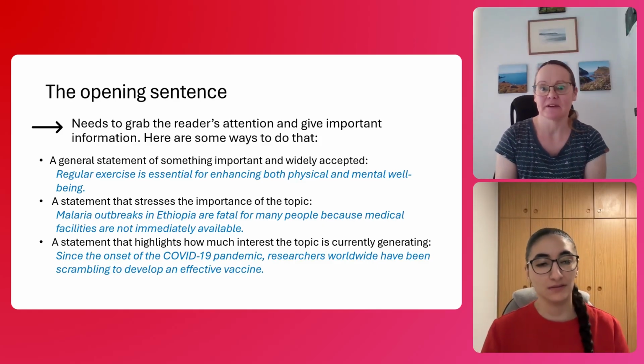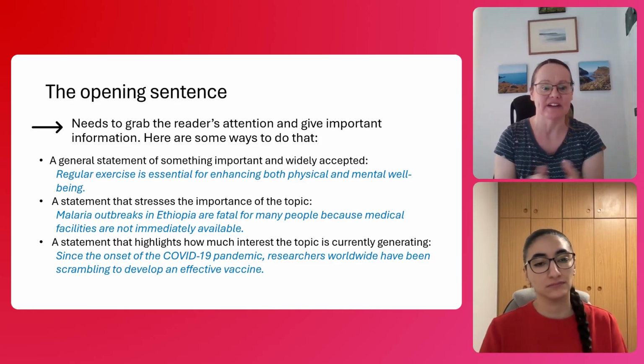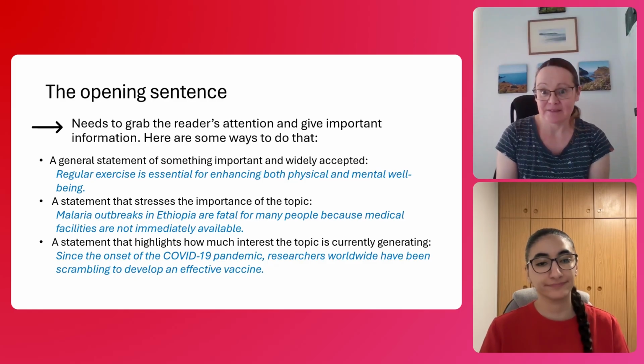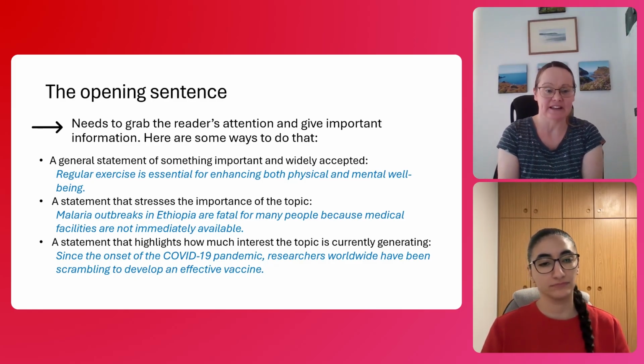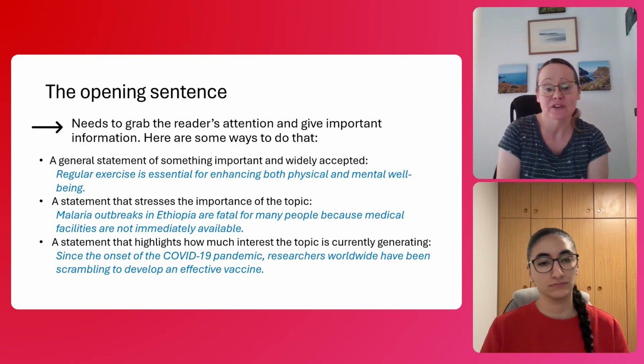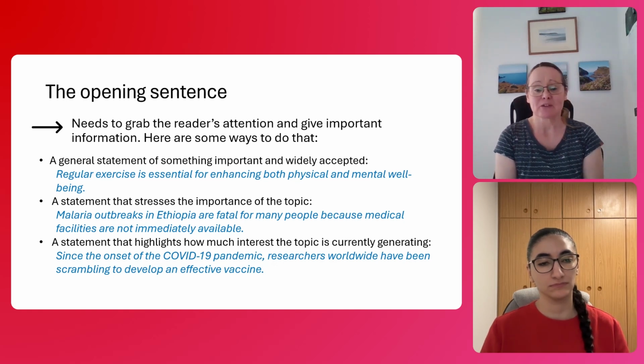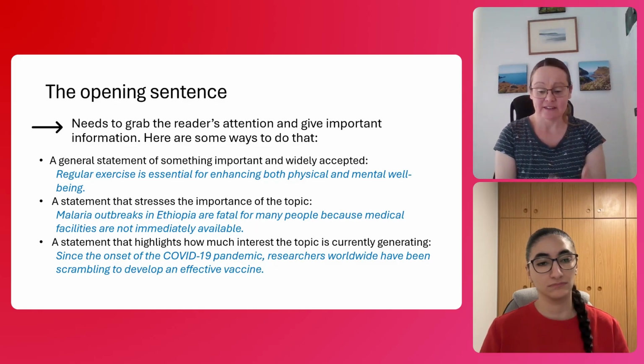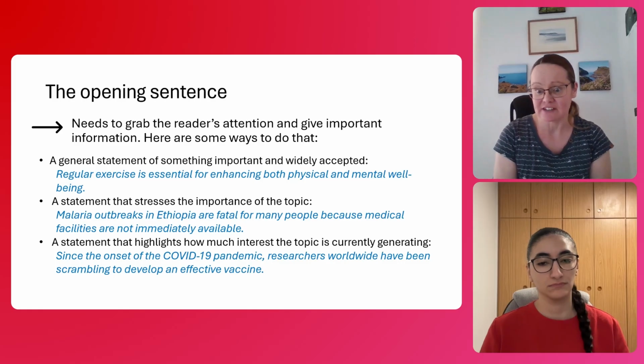When will we have our way out of this mess that we're in? So there, you can really play on that interest. You can say something like, since the onset of the COVID-19 pandemic, researchers worldwide have been scrambling to develop an effective vaccine. So you can really emphasize that this is currently generating a lot of attention.